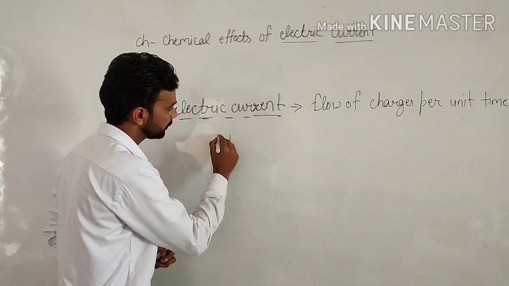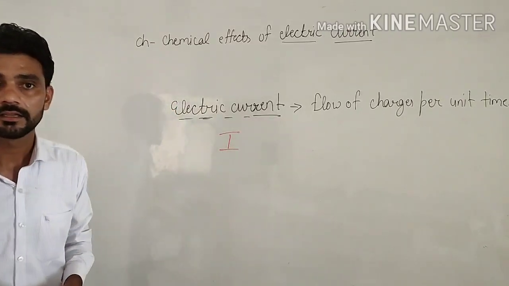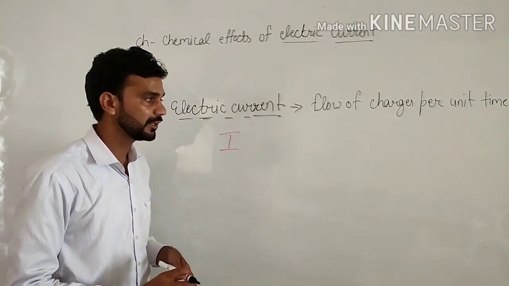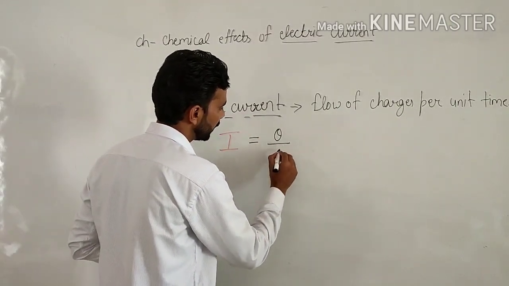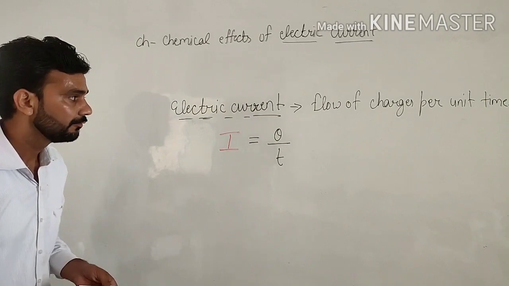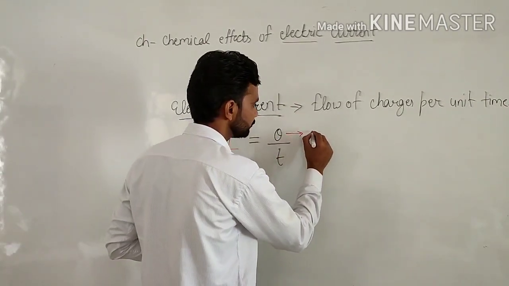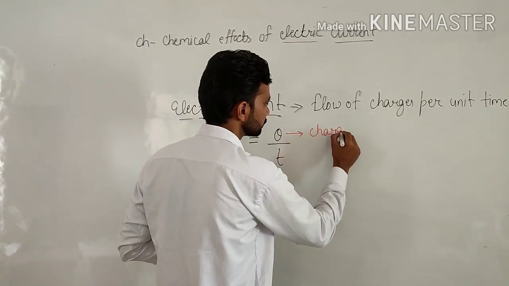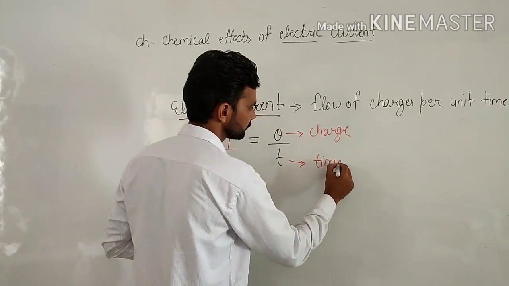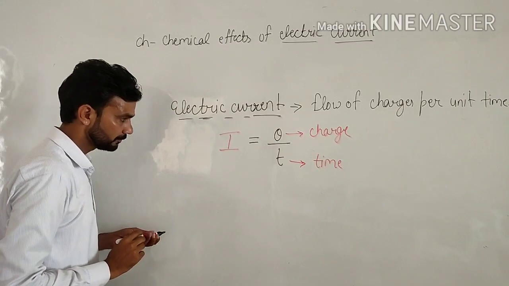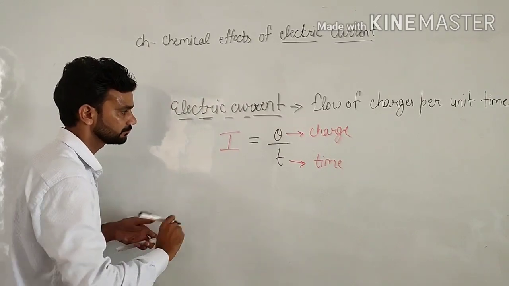Electric current is denoted by capital I, and its formula is I is equal to Q by T, where Q stands for charge, T stands for time, and I stands for current.